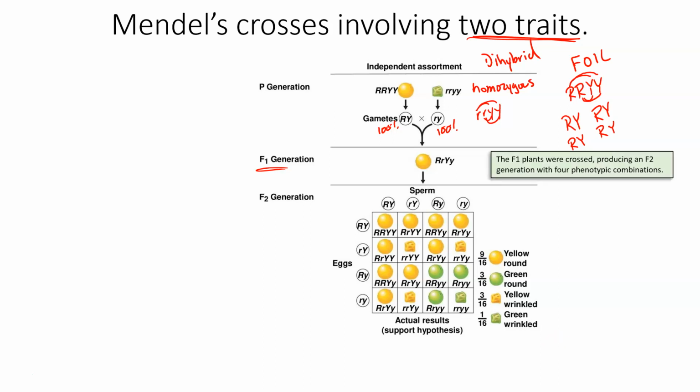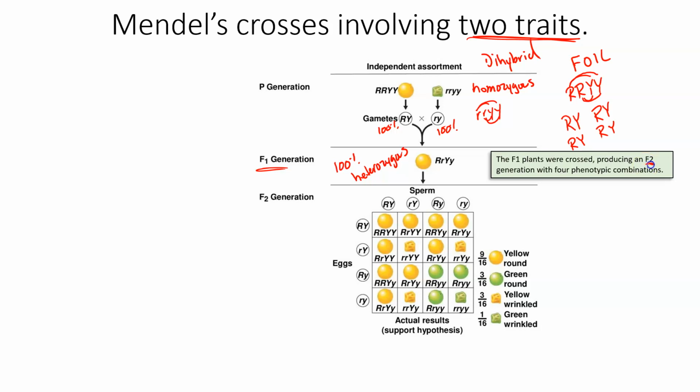The F1 plants that we cross are going to be 100% what we call heterozygous, which means they have a big and little. In this case, they're true heterozygotes, or they are heterozygous for the R gene and for the Y trait.